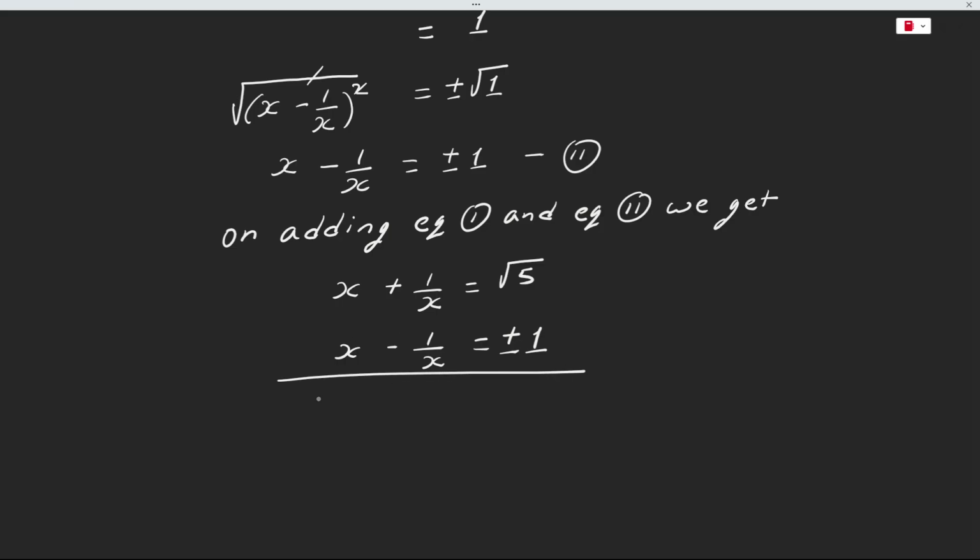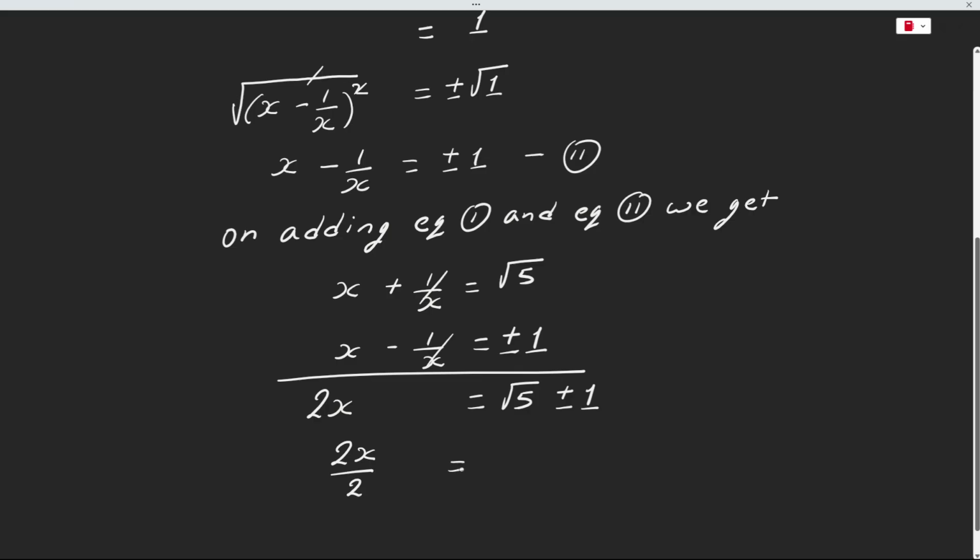x plus x will be 2x. 1 by x minus 1 by x will be subtracted. This equals square root of 5 plus minus 1. Now dividing both sides by 2, we can write this as 2x by 2 equals square root of 5 plus minus 1 by 2.